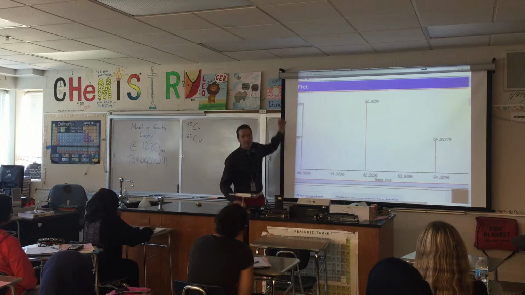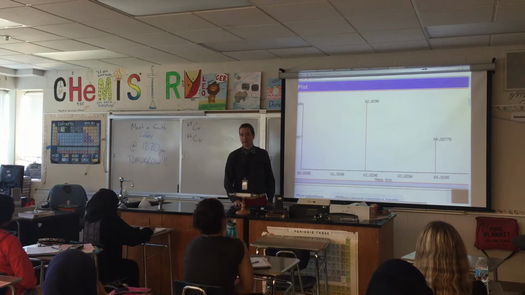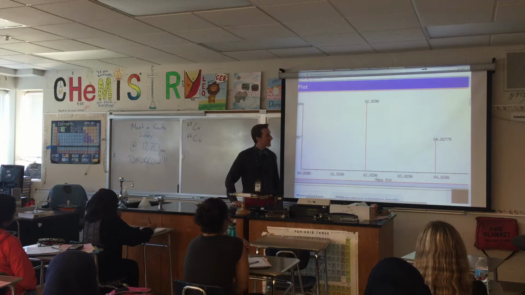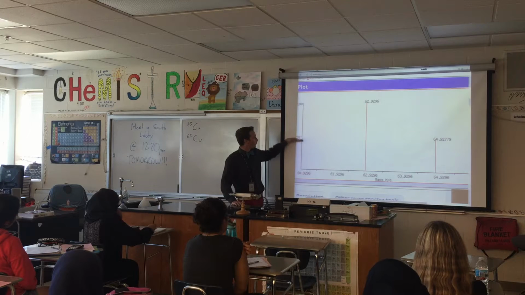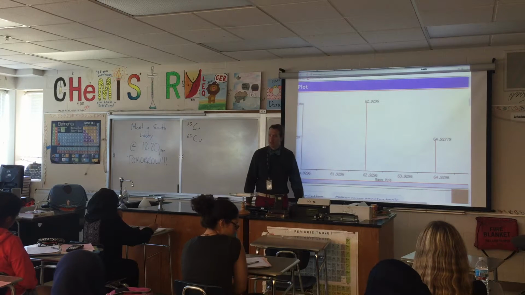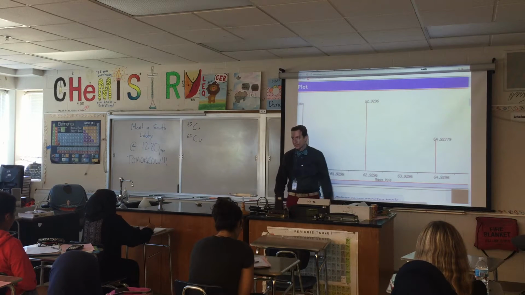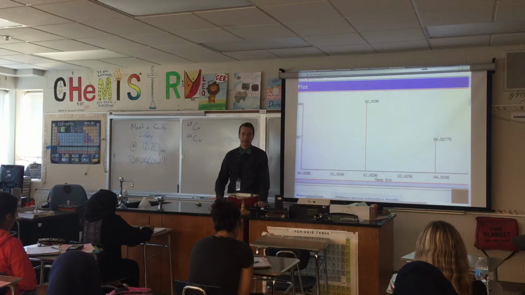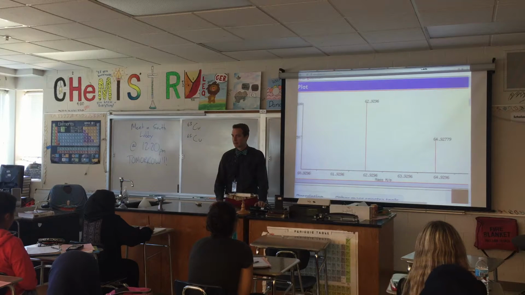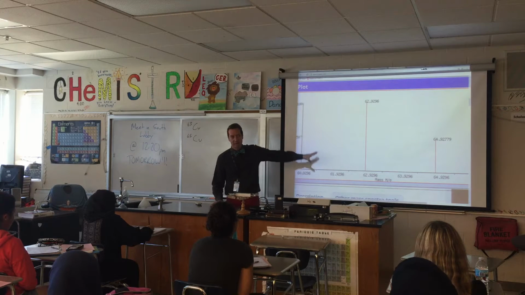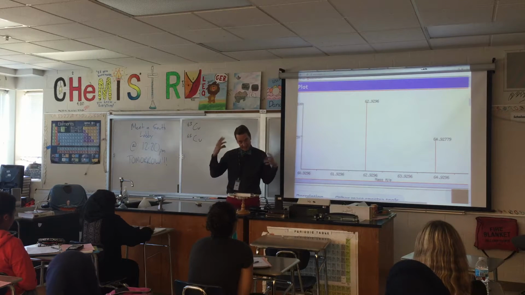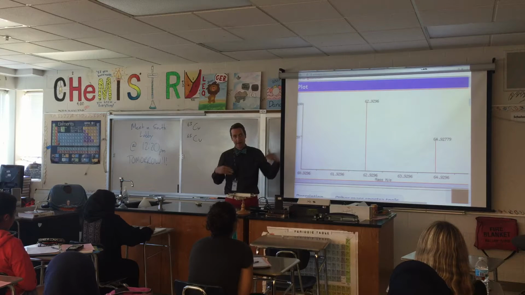These are the relative strengths of the mass spec signals. If one is 50 and the other is 100, the total is 150, so 100 out of 150 is about 66%.